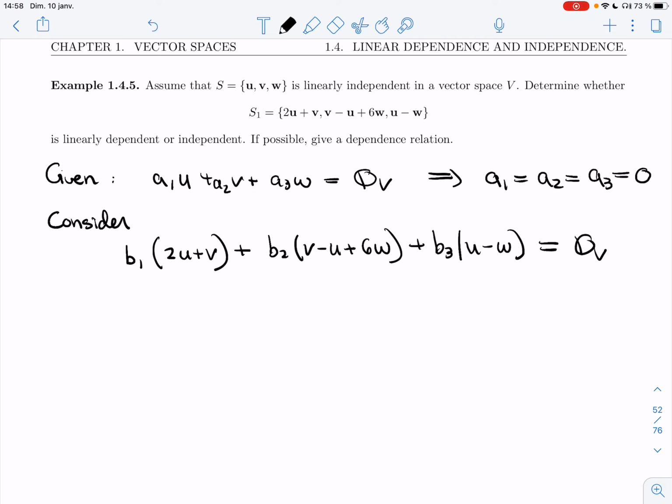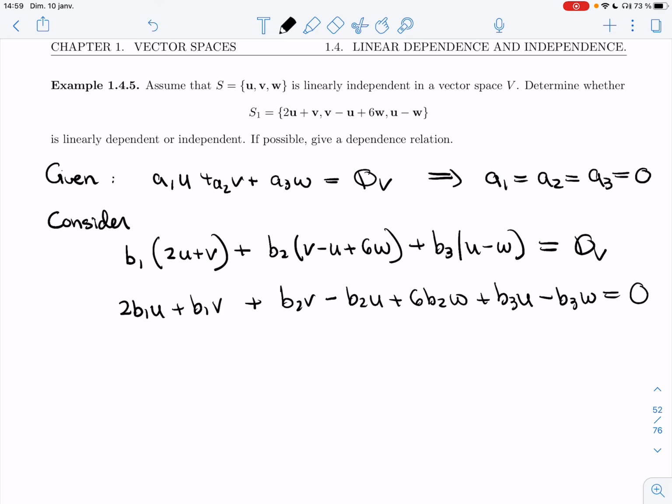All right, so I'm getting 2b1u plus b1v, plus b2v minus b2u plus 6b2w plus b3u minus b3w equals 0.